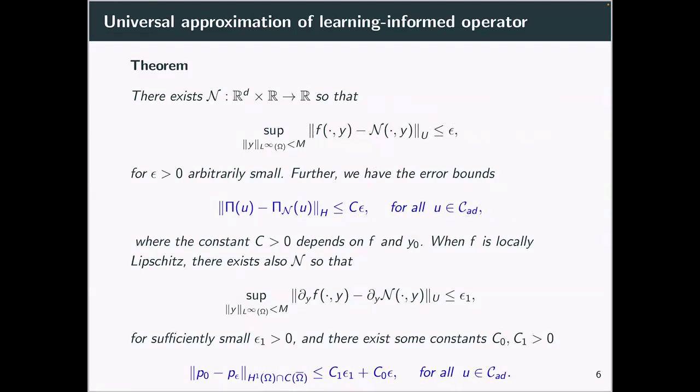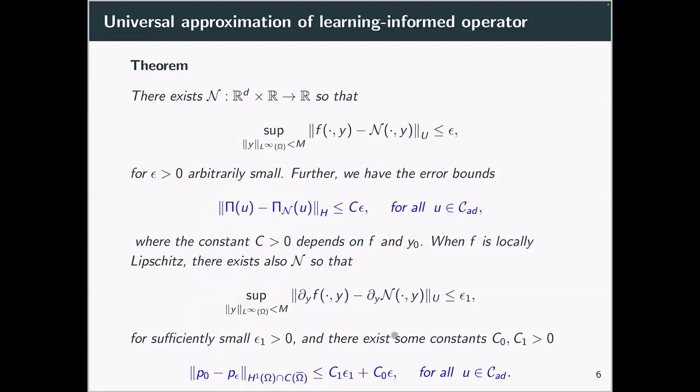Even further, we can prove the universal approximation property for the directional derivative of these solution operators. Basically, P is some directional derivative of this pi m up to some direction, and P epsilon is some directional derivative of this pi n up to the same direction, of course.